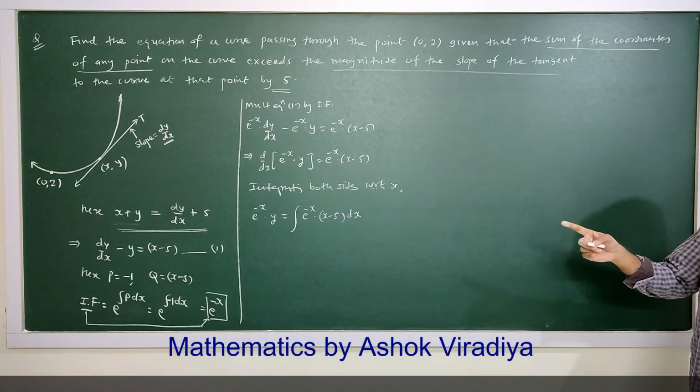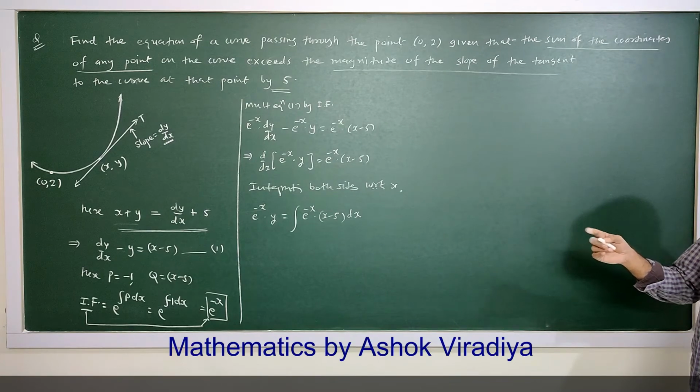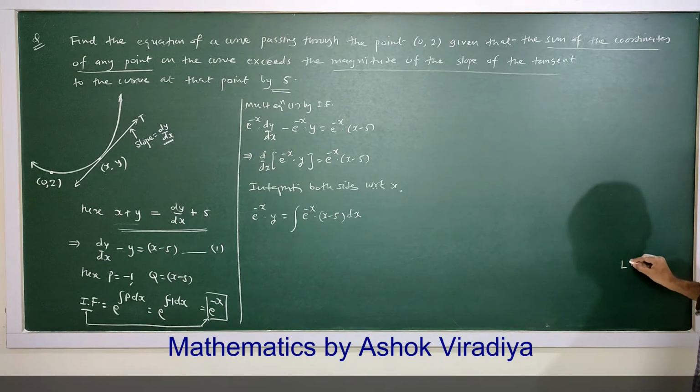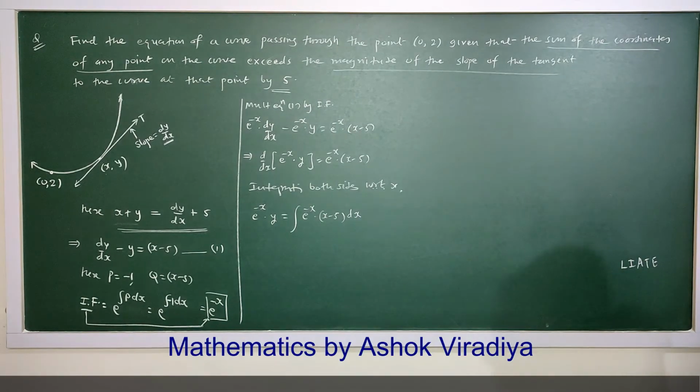Now which function should be taken as u, which should be taken as v? So always remember this trick, LIATE. E raised to minus x is in this group, exponential function, and x minus 5 is in this group, algebraic function. So this should be taken as u and this should be taken as v.